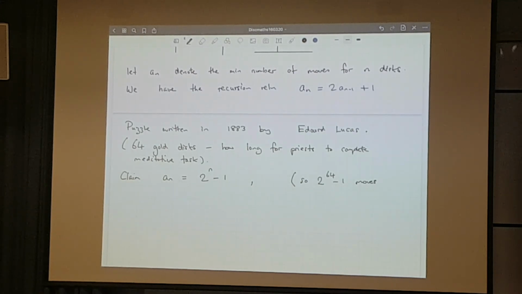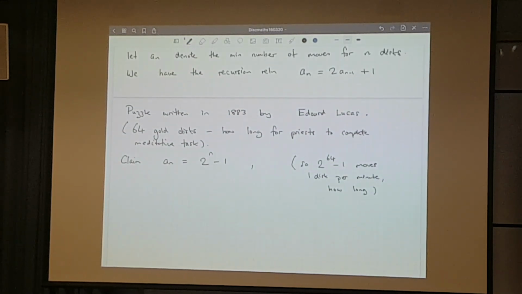I'll leave it up to you to figure out how long this will take. It's a lot longer than the length of life of the universe. So this meditative task is not going to run out.